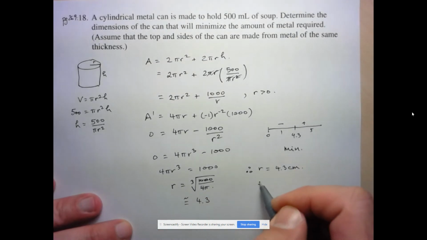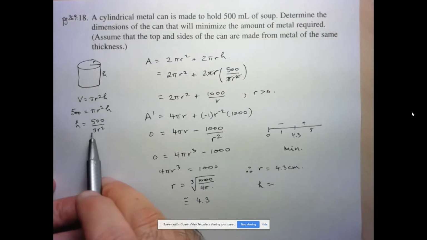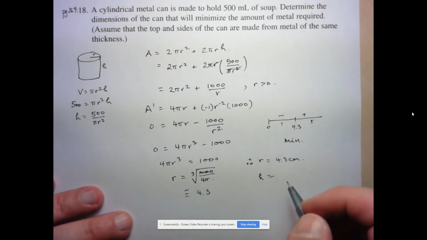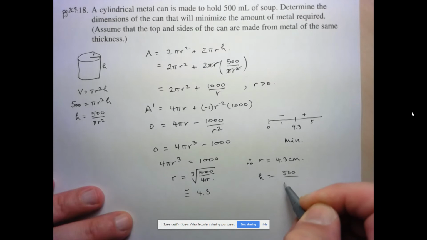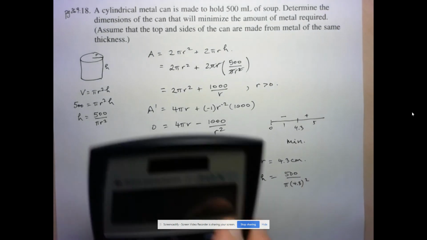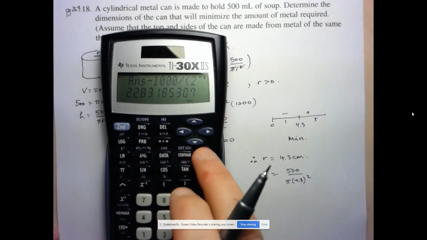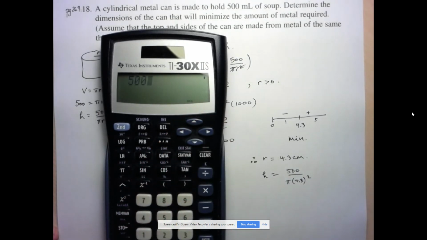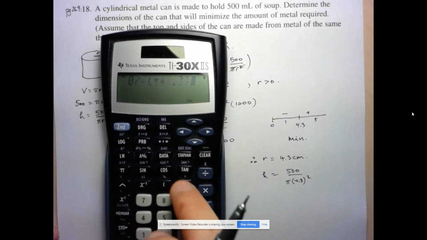And now for the height, I'm just going to use that relationship I found earlier. So 500 divided by pi times 4.3 squared. So let's calculate that. So we have 500 divided by pi times 4.3 squared.